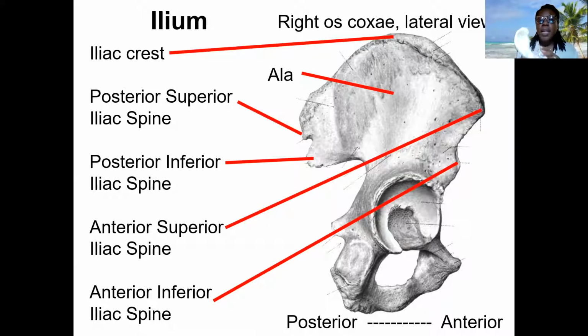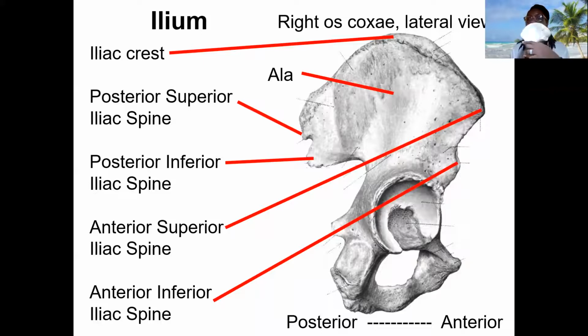Features of the ilium are going to be the iliac crest, the smooth, rounded top of the ilium. Then we've got the posterior superior iliac spine. If we look at the posterior part of the ilium, there are two projections, a superior projection and an inferior projection. This is the posterior superior iliac spine, and inferior to that is the posterior inferior iliac spine.